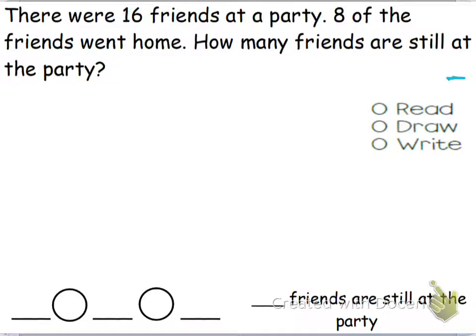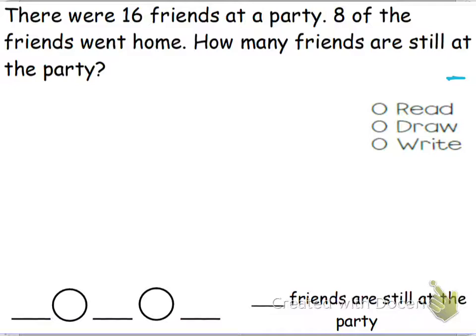So now, let's start chunking it. So that means we're going to read a little, and then we're going to add a little bit to our tape diagram. Then read a little more. Then add a little bit more to our tape diagram. So it says, there were 16 friends at a party. Can I draw something? Yes, I can draw the 16 friends at the party, which we're not going to actually draw a picture unless you need to. We're just going to write the number. But what is 16? Is it a part or our whole?